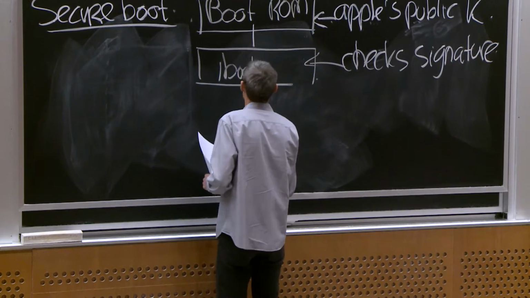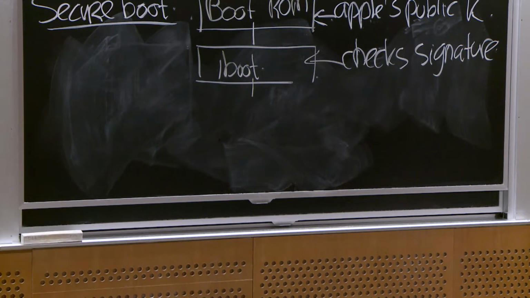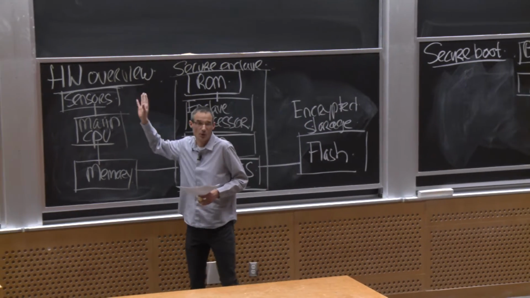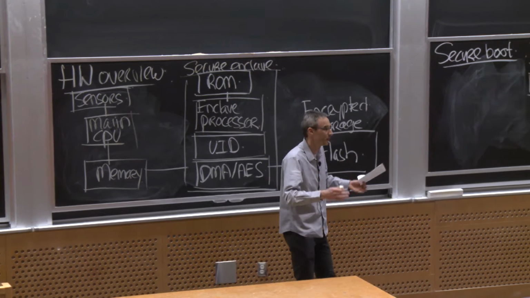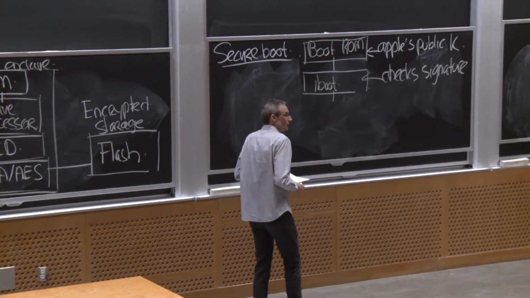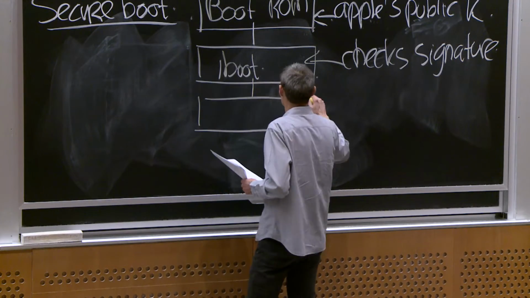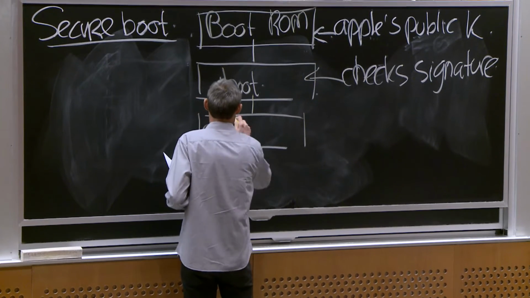And so in fact, the next thing, iBoot programs some of the sensors, starts them up, and sets a bunch of other things up. And then it actually boots the kernel that runs inside of the enclave processor, the enclave kernel.